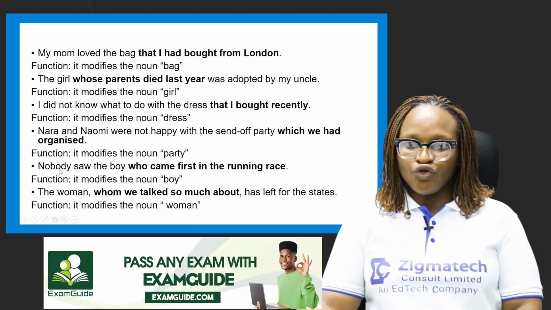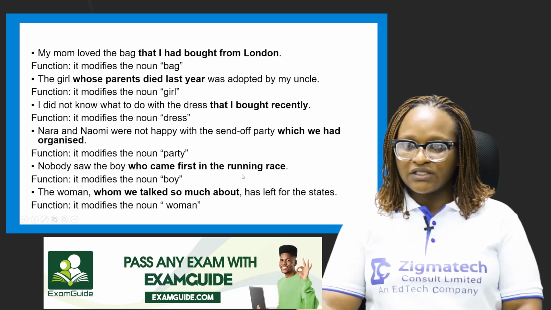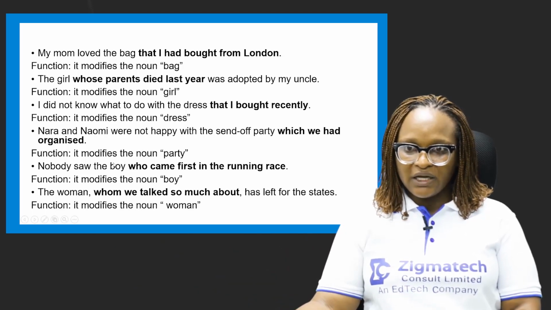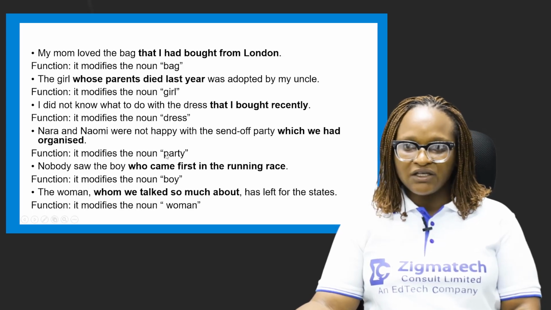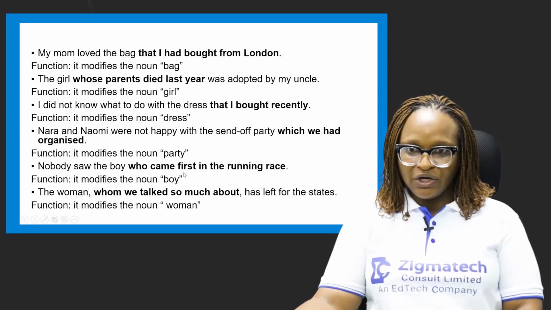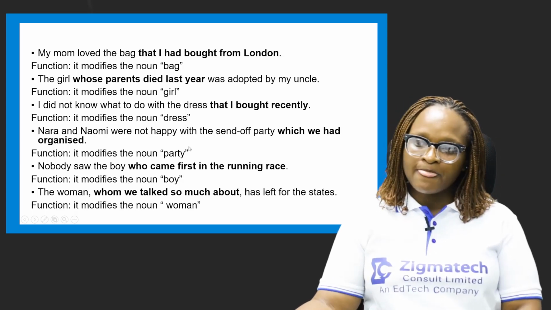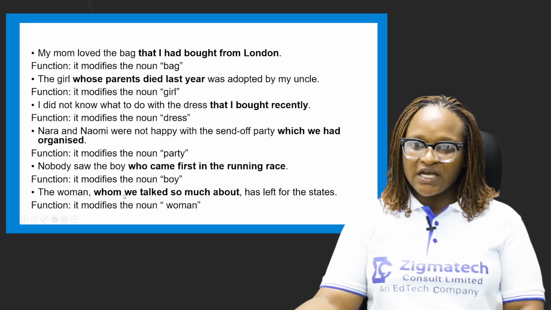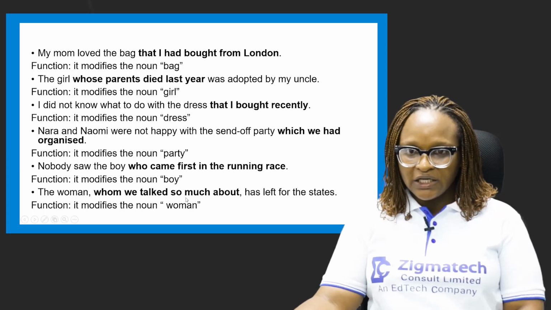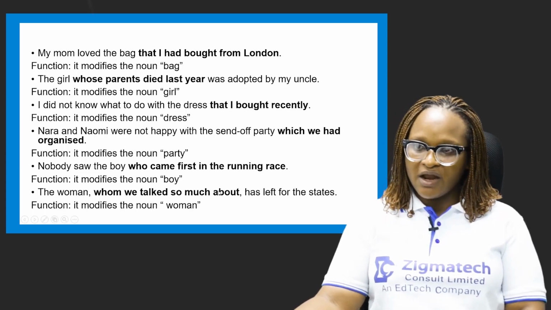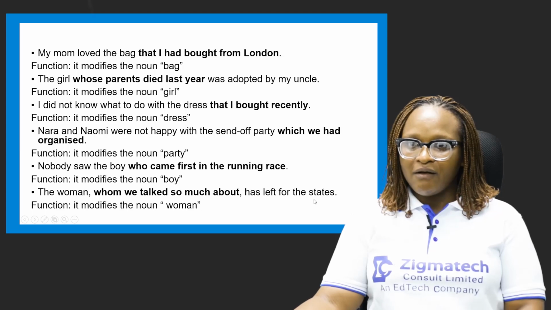That is it. Nobody saw the boy who came first in the running race. That is the boy who came first in the running race, and that's what modifies. And finally, you have the woman whom we talked so much about has left for the States, and the function is it modifies the noun woman.